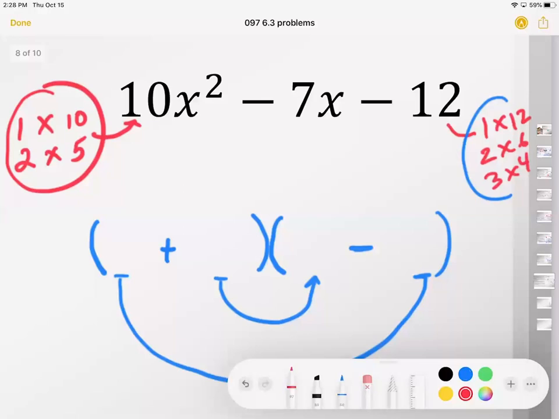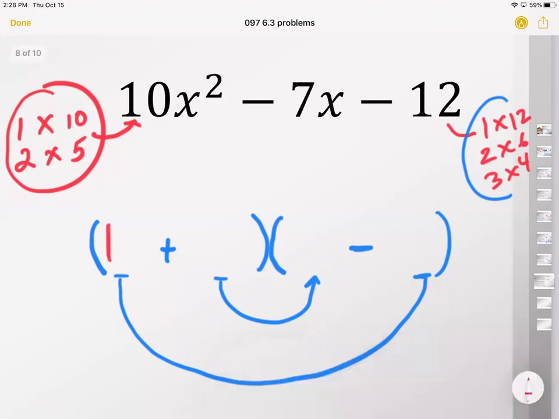Like I mentioned, your thought process, if you want to, yes, you can try the 1x and the 10x, that is not wrong. But if you do the 1x and 10x, you could use the 1 and the 12, but it will not work out.